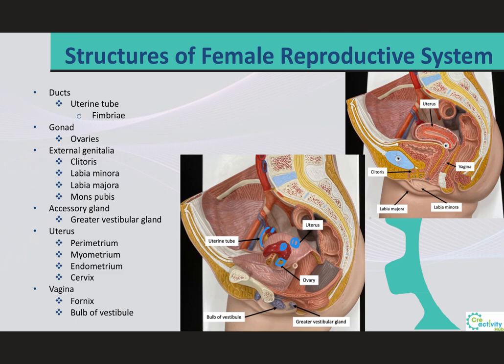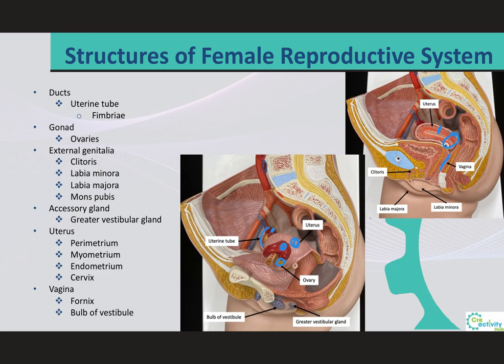The oocyte eventually reaches the uterus, which will be formed by three main layers: the perimetrium, the myometrium, and the endometrium. The cervix will be the last part of the uterus, where it opens into the vagina.